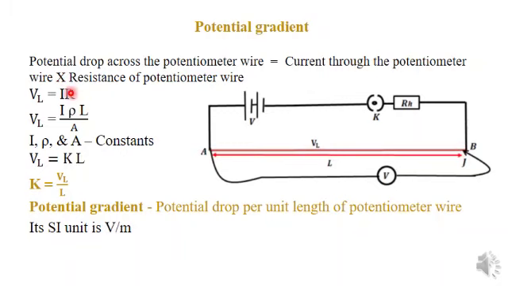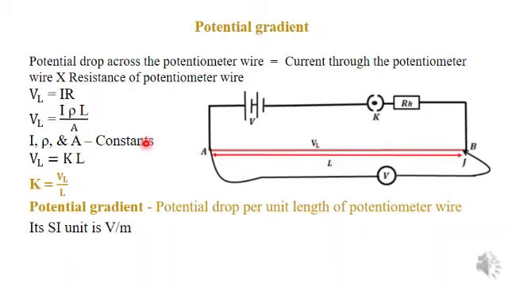But R equals rho L divided by A. So VL equals I into rho L divided by A, where rho is the resistivity of the material of the potentiometer wire, L is the entire length of the potentiometer wire, and A is the area of cross-section of the potentiometer wire.